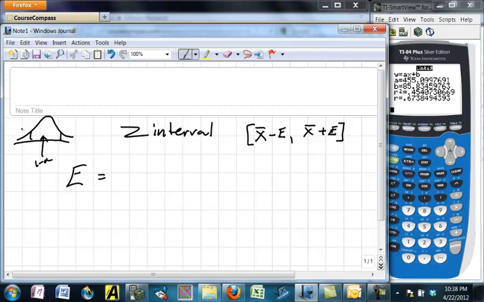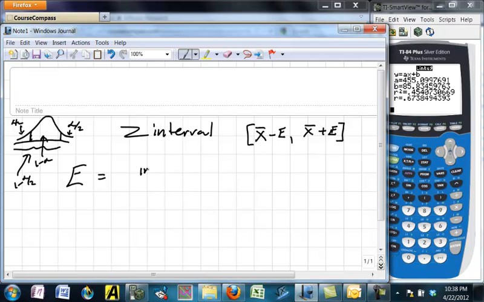So our alpha is split up here as alpha over 2 and alpha over 2 here. Well, that area all the way to there is 1 minus alpha over 2.